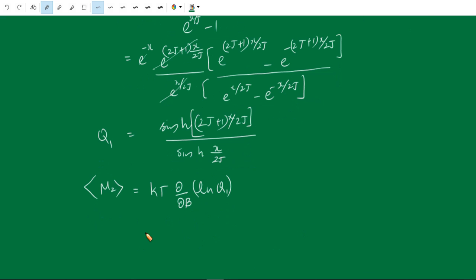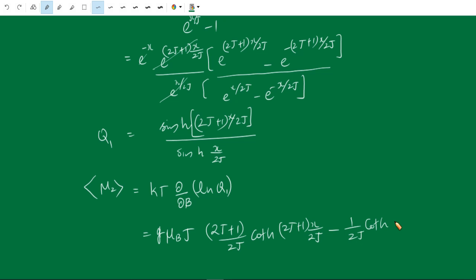By doing this we'll get g mu B into j into (2j plus 1) divided by 2j coth of (2j plus 1) x divided by 2j, minus 1 by 2j coth of x by 2j. Okay, so this is the mean mu z.